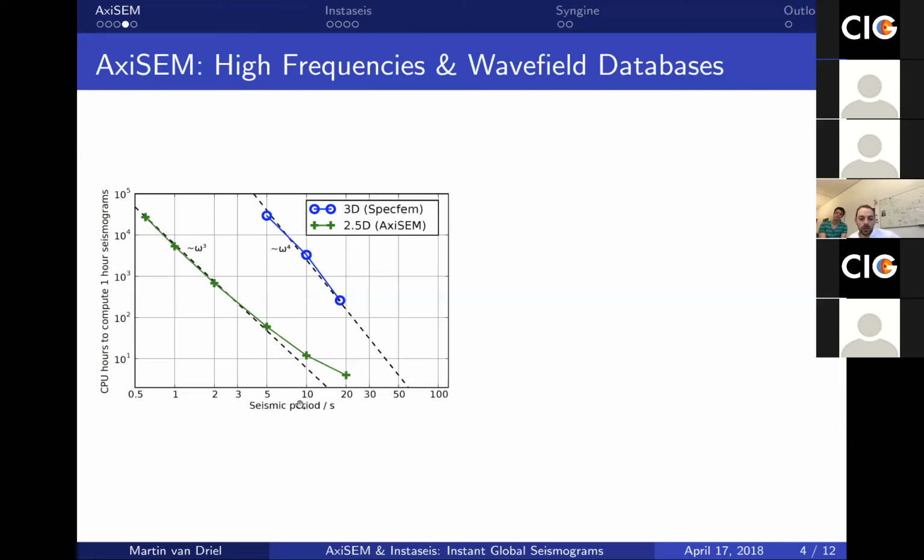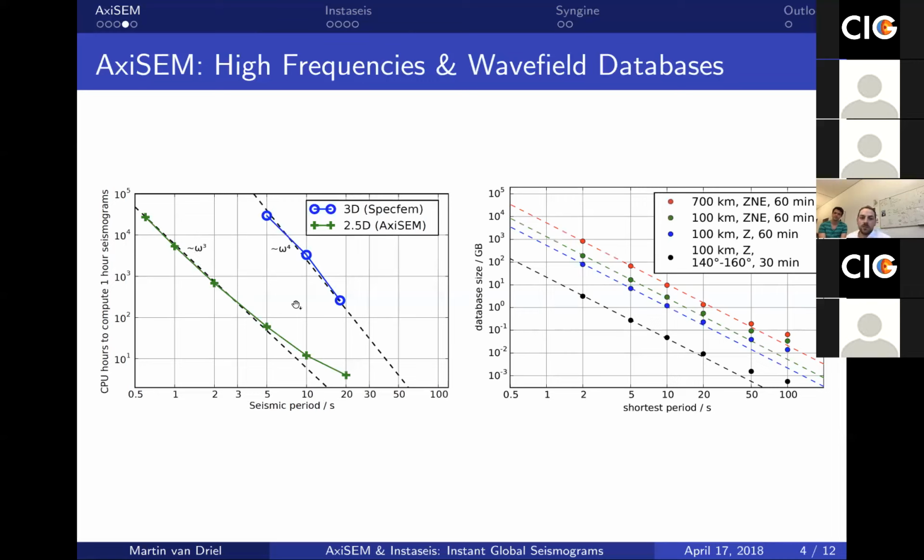And when you look at how this depends on frequency, that really tells you why it's possible to reach these high frequency ranges that are interesting, especially for body waves, with AxiSEM, but it's going to be really expensive when you want to go there with SpecFEM.